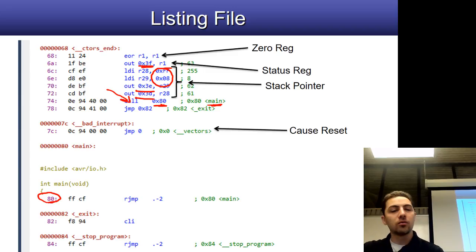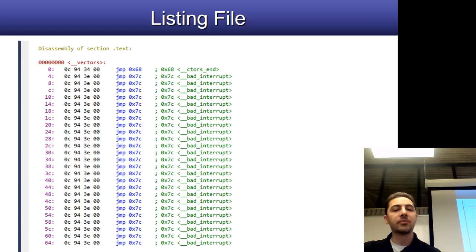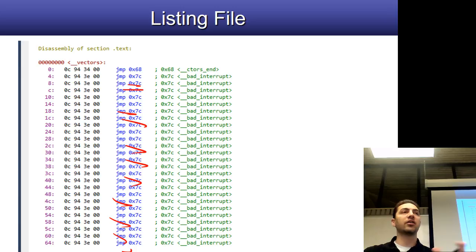So what do we have here? We've got bad interrupt. That's something I saw before. Bad interrupt, for some reason, we jump to it a zillion times. You won't get this for another week and a half, 2 weeks before we start talking about why bad interrupt exists. Okay?